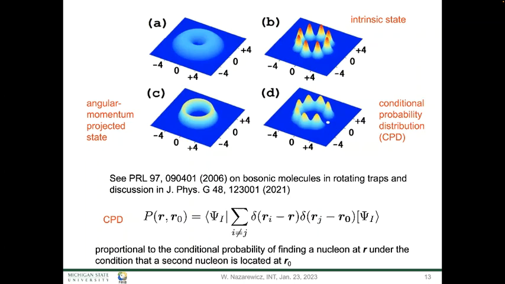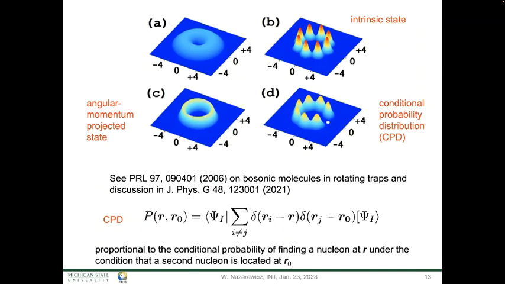This quantity is called the conditional probability distribution. It basically tells you the probability to find a nucleon, a fermion, in state i if another fermion is in state j. So this quantity depends on two coordinates: R naught is the point of observation, and R basically runs all over the place.